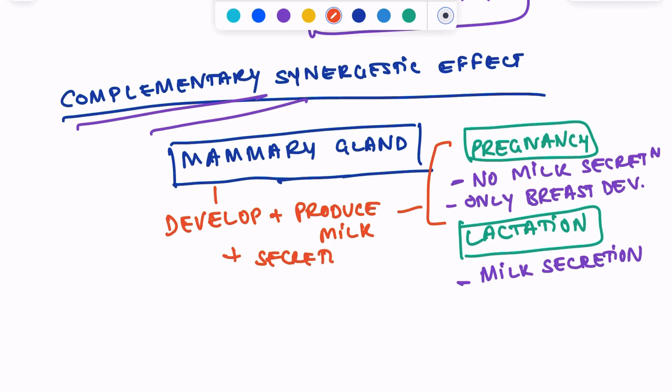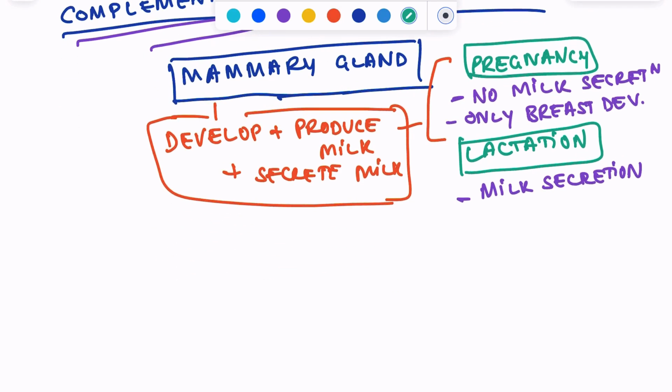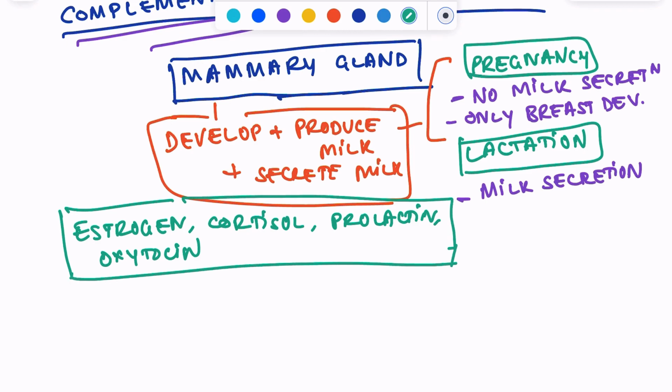All these functions are not done by one particular hormone. We require synergistic actions of many hormones, and the names of those hormones are estrogen, cortisol, prolactin, and oxytocin. These are all acting in a complementary fashion so that this regulation is maintained.